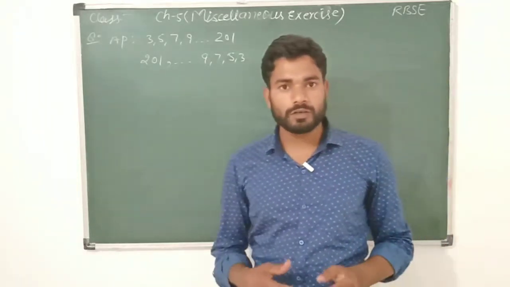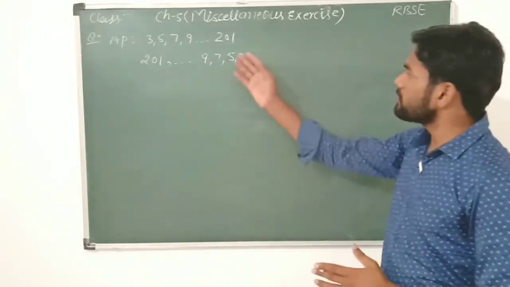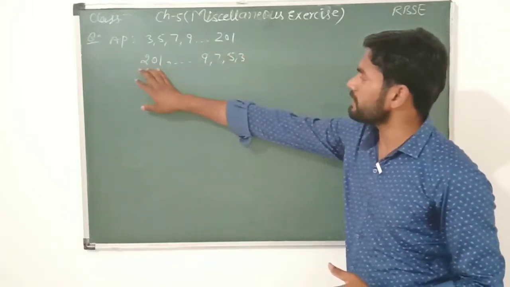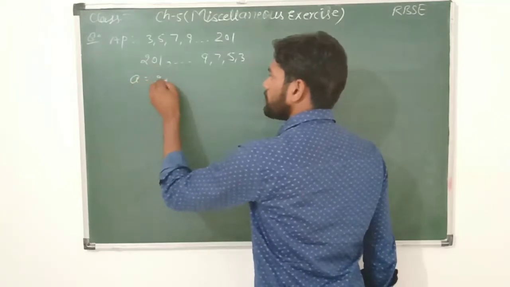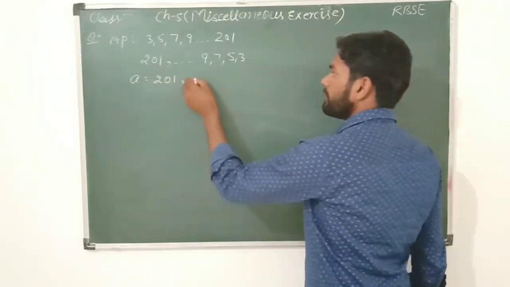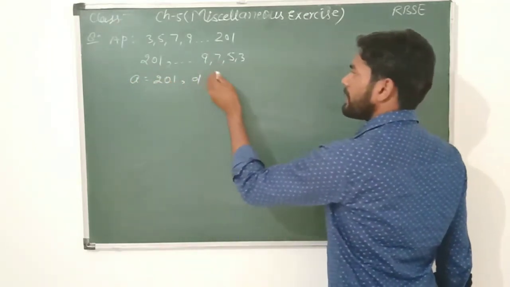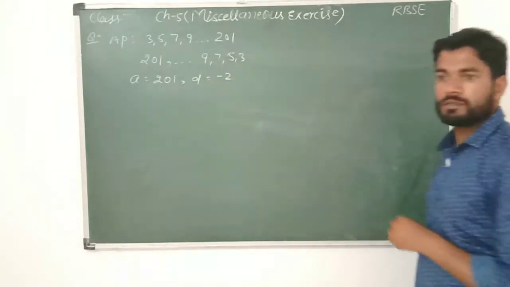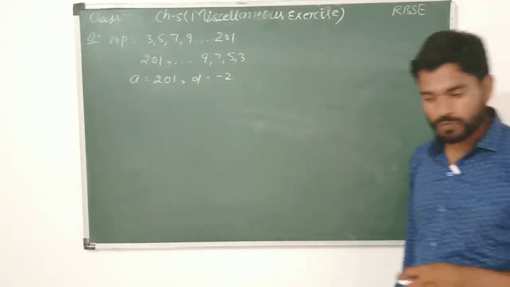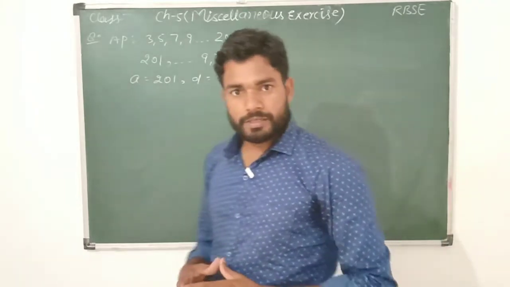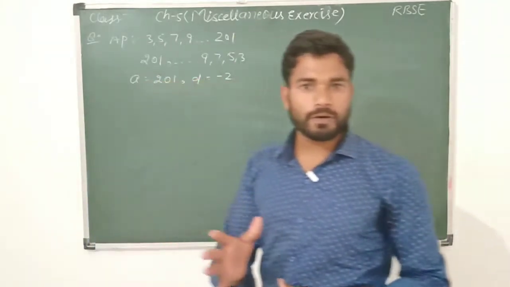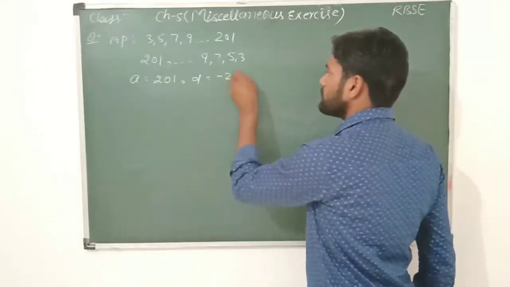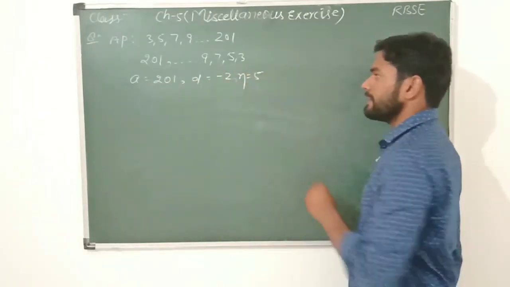We are finding the fifth term from the last. So now our first term will become 201. So a is equal to 201. Common difference d is equal to 7 minus 9, which is equal to minus 2. Okay, student. And we are going to calculate the fifth term, so n is equal to 5.